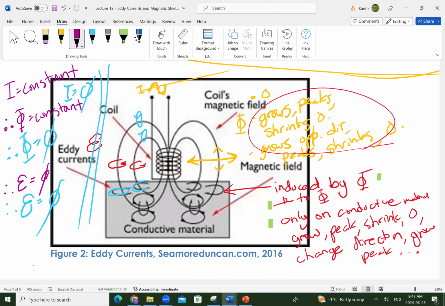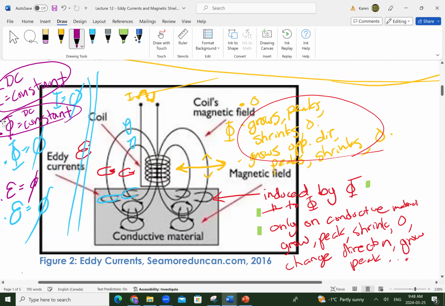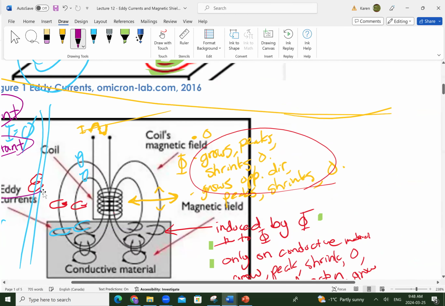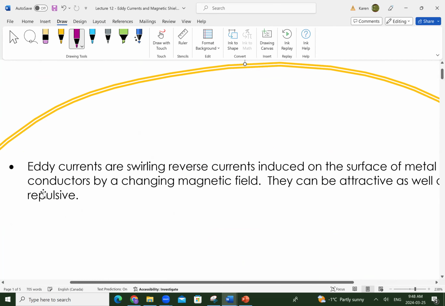When do we have constant current? It is DC. That's a DC case. When do we have constant flux? That's a DC case. When do we have no eddy currents? That's a DC case. Oops. That is also a DC case.